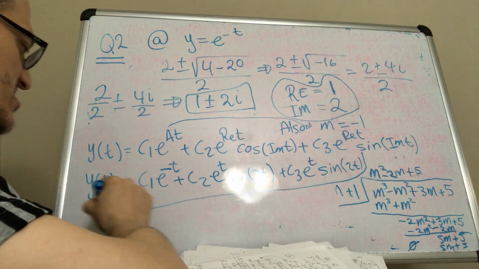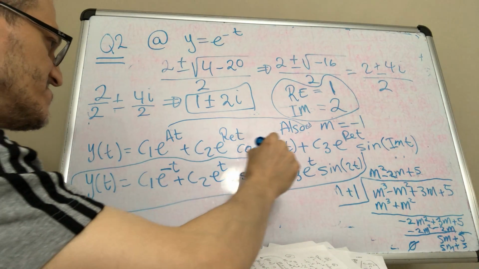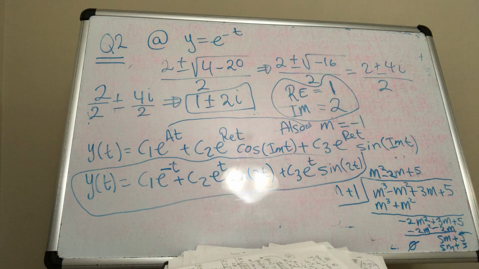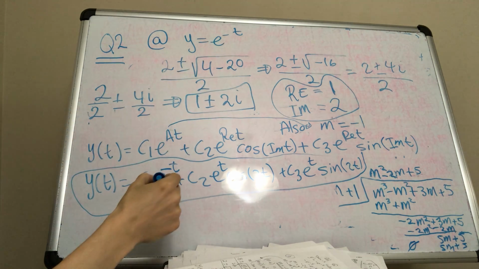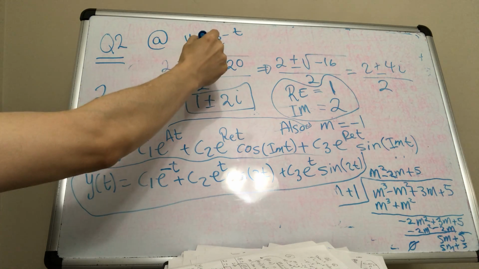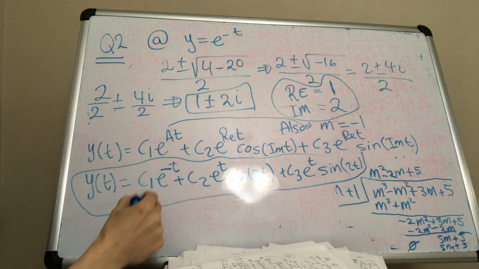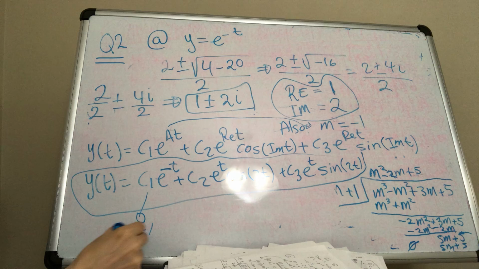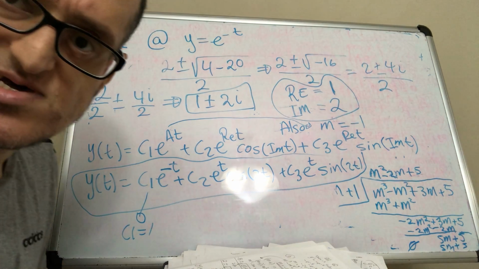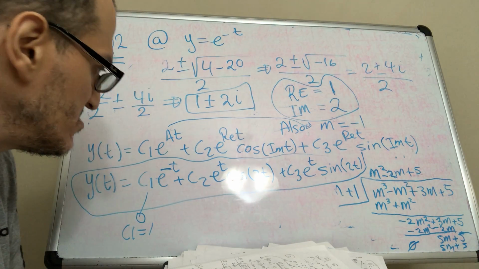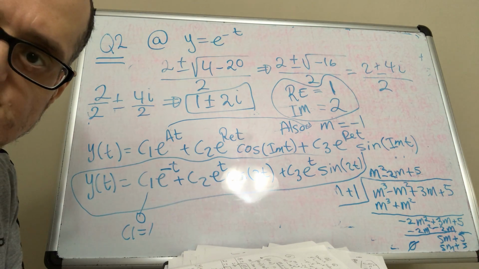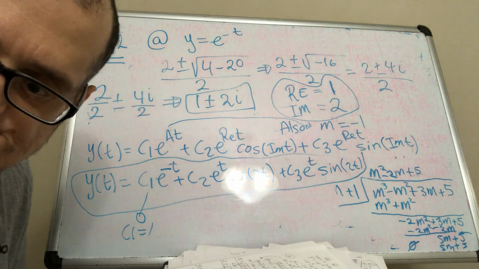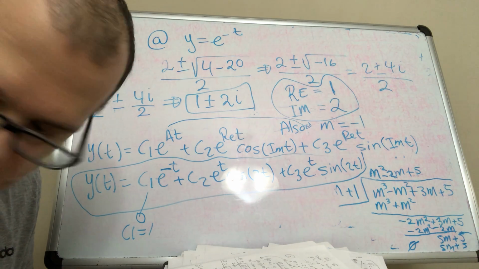So this is the answer for the DE. You could also say, since we know that this is one of the answers, and the number in front of it is 1, we could also say we know C is 1, but it's not that big of a deal if you don't. But the important thing is that this is the final answer for the DE. Good? Okay.